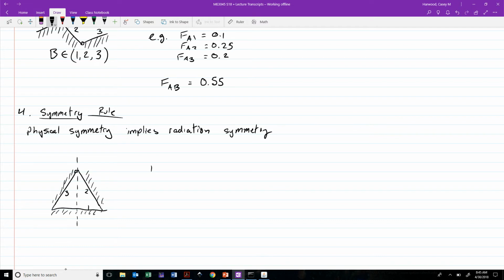What this means is that if you know F12, it should be equal to F13 if 2 and 3 are symmetric with respect to the surface normal of 1. This definition is more confusing than just looking at it.